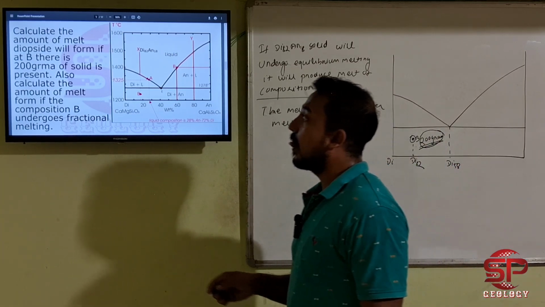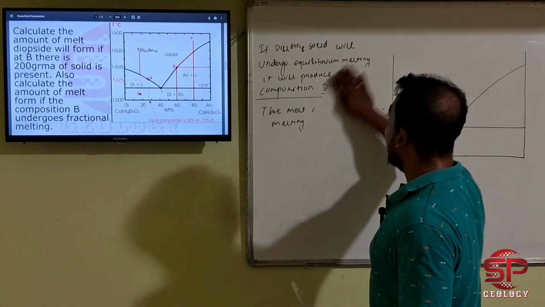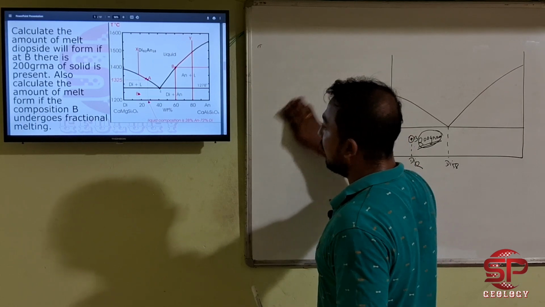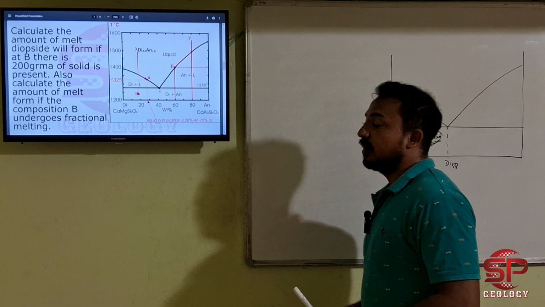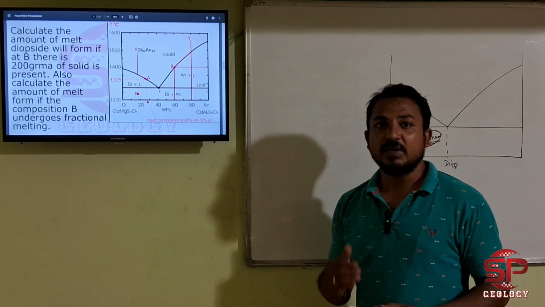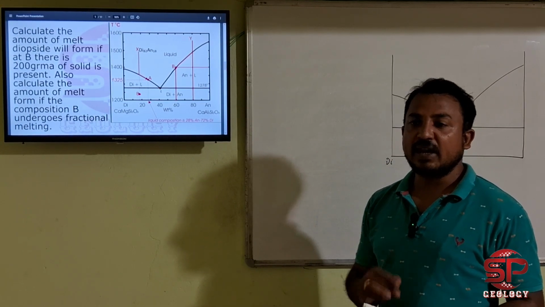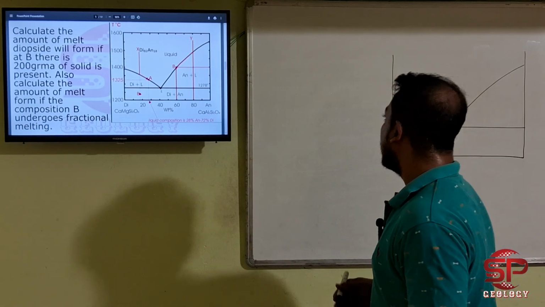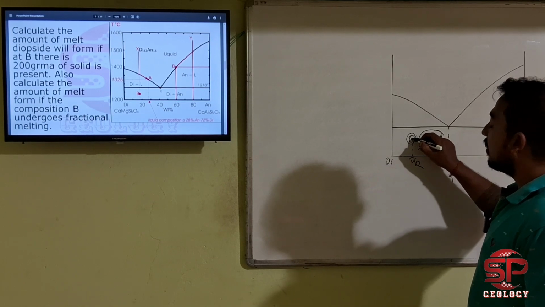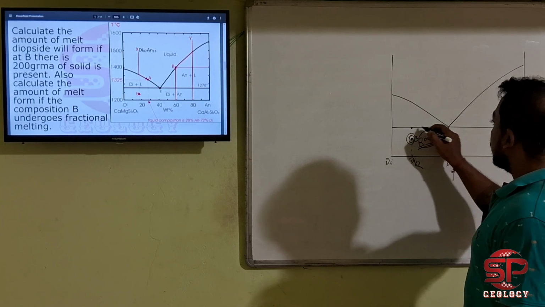Then comes the case where composition B undergoes fractional melting. If it undergoes fractional melting, what will be the amount of melt formed? So always remember, in case of fractional melting, the last solid composition will be the final melt composition. So if this composition undergoes fractional melting, the melting will start at this eutectic temperature, 1274.